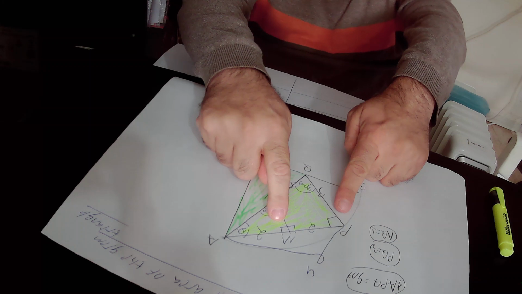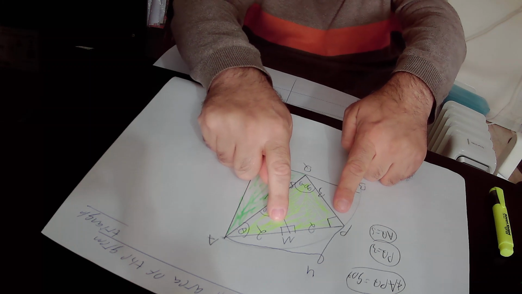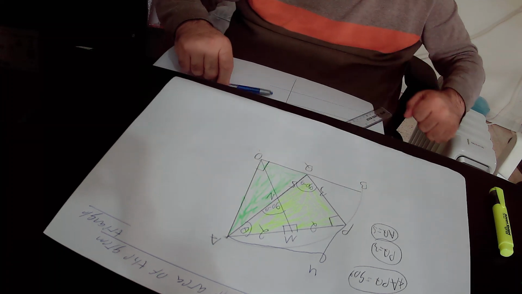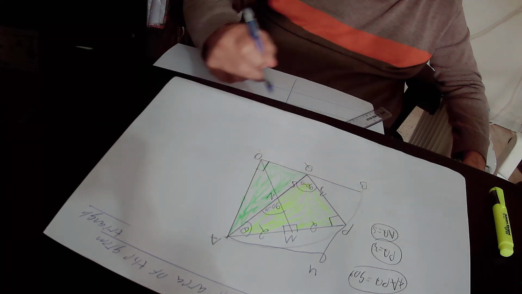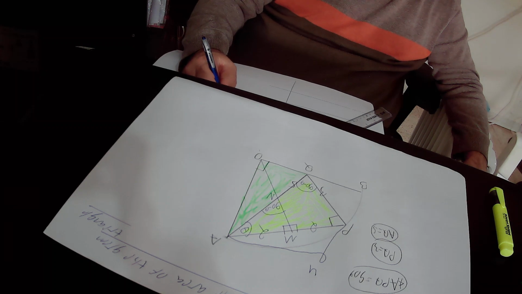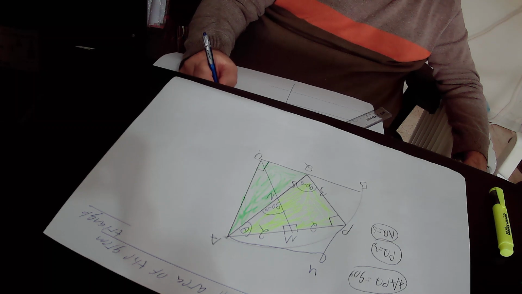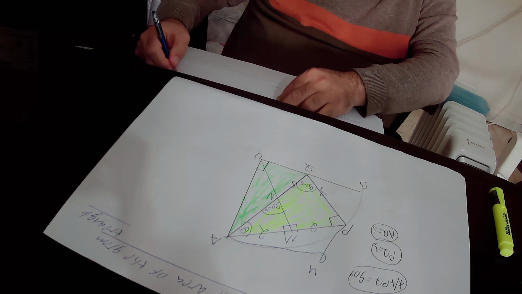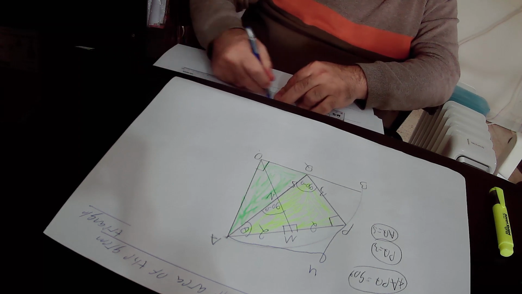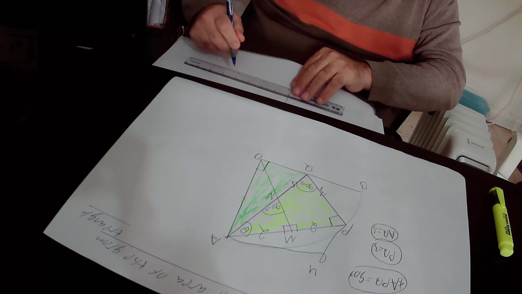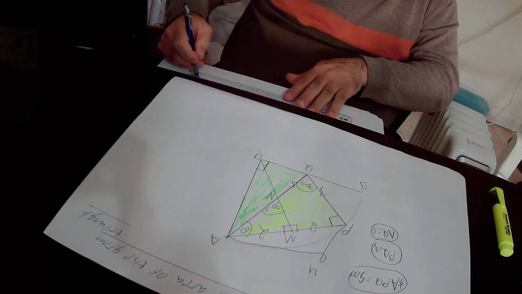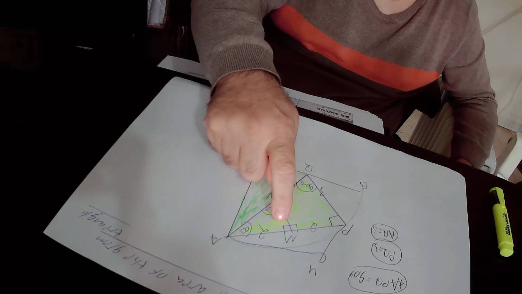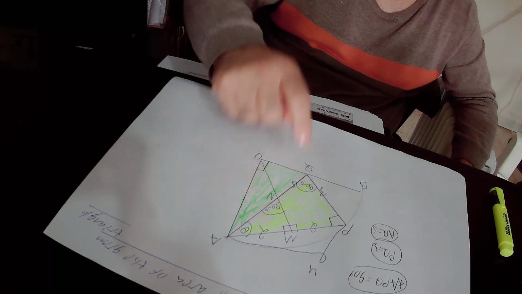First of all, those two angles are both equal to 90 degrees, therefore they are equal to each other. So I write it down: angle APQ in the big triangle equals this angle, that is angle AMN in the small triangle.